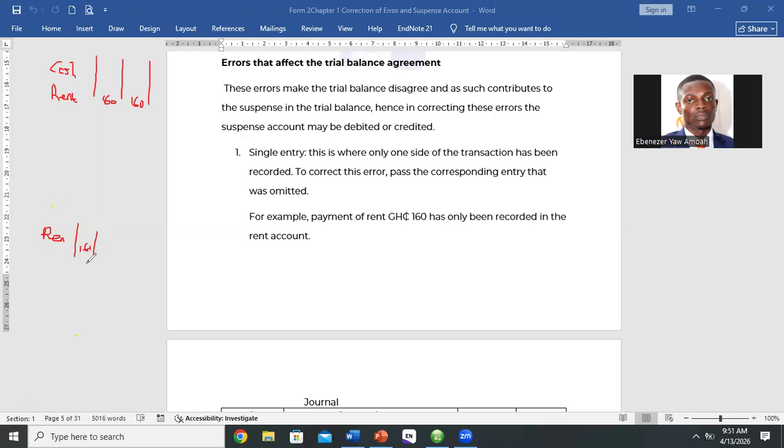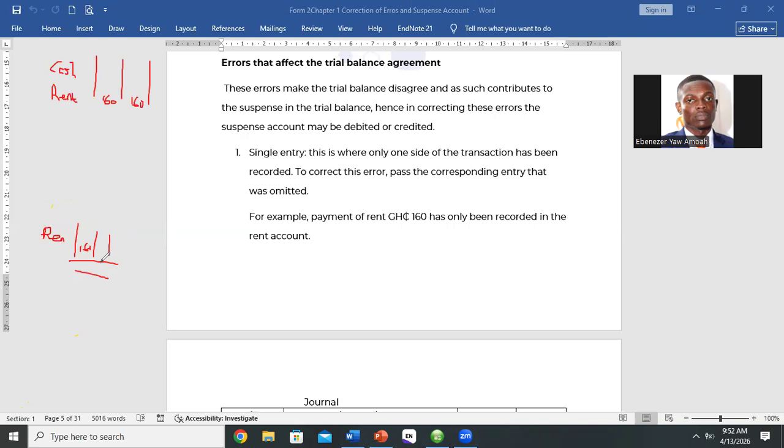So if you were to balance your trial balance, you would have 160 debit and your credit will be 0. Why? Because the other side of the transaction was not recorded. And so that is why this error, as you can see, is making the trial balance disagree.